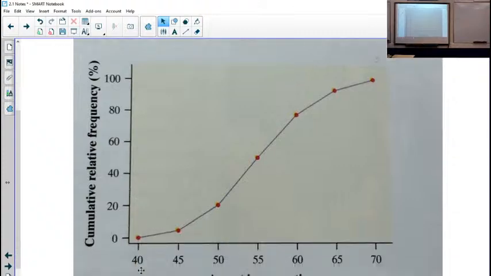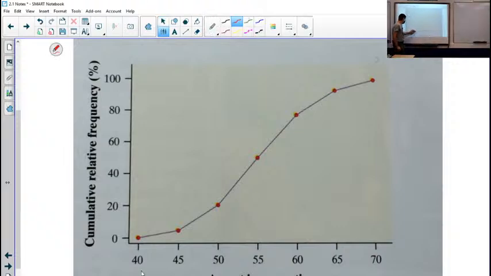Age 47. Age is on the x-axis. So there's 47.